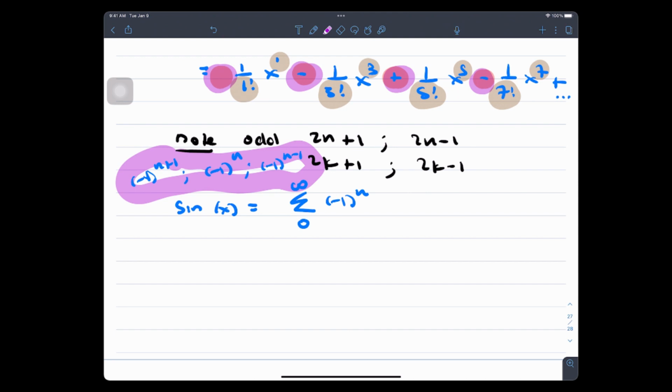So since it starts with a positive 1 and we start with the index of 0, I'm going to leave it as it is. But then you say, well, how do I get the odd? So you go, okay, that's 1 over, or really they put that, since it's 1, they put that over 2n plus 1. Don't forget to put x to the 2n plus 1 as well.